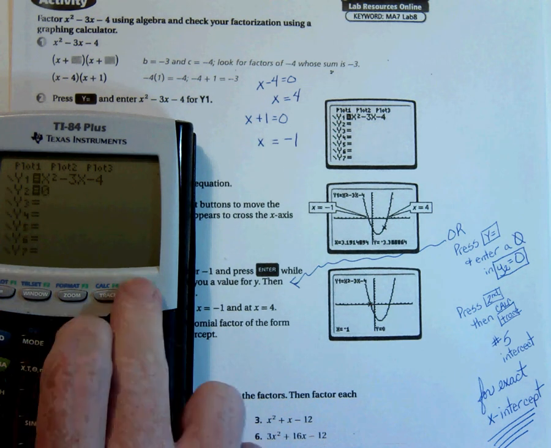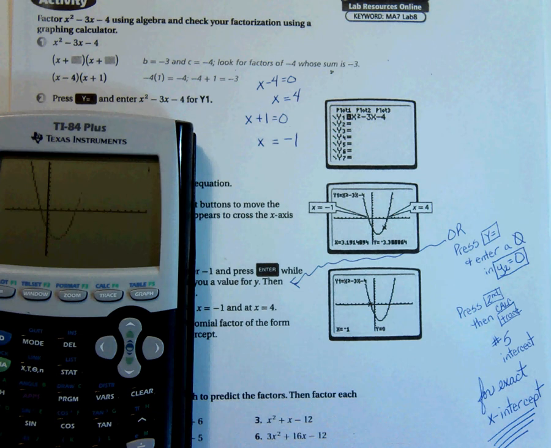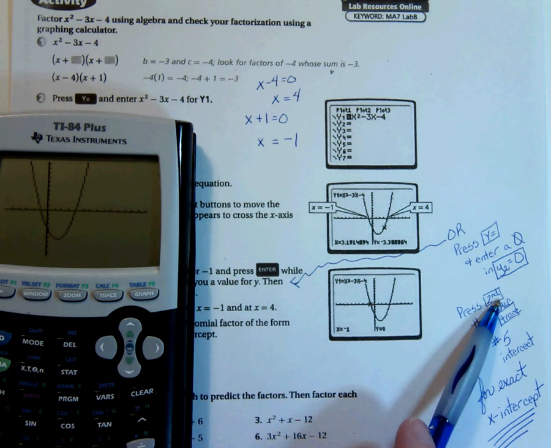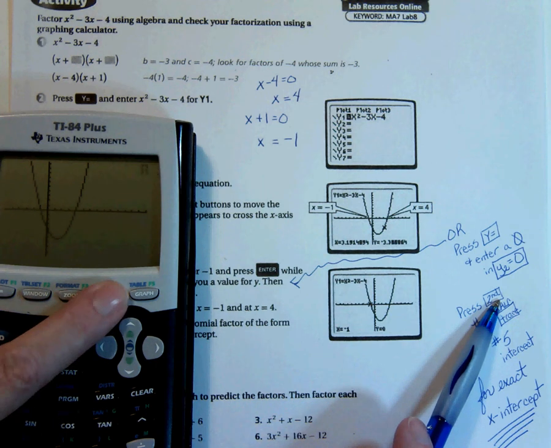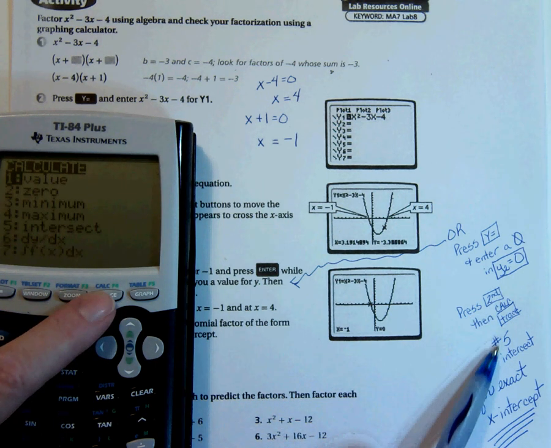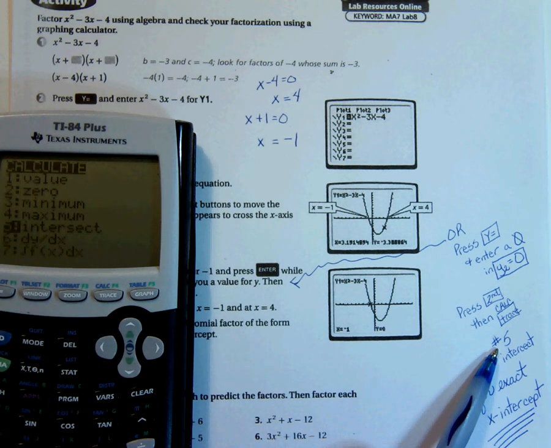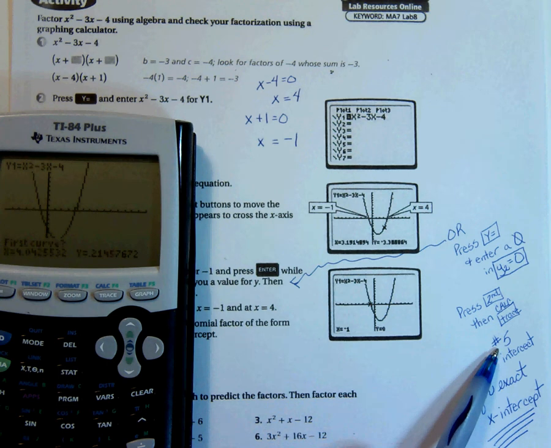You can look at the graph again if you'd like. Then you're going to press second trace, which is your calculate button. You're going to either slide down or hit number 5, the intersect option. Then you're going to hit enter. Now it's flashing toward the right hand side of the parabola, so we're just going to use this one.